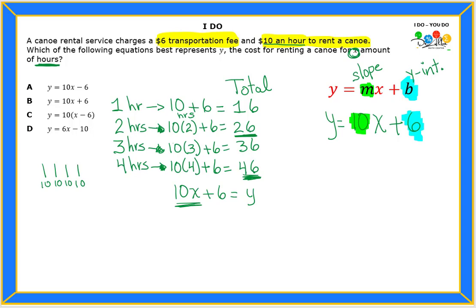So notice how my slope, 10, was multiplying the number of hours all the time, right? So that's a huge clue. My slope or my rate of change is the one that actually does something to your x values, okay? So what answer choice looks like my answer over here, guys? Which one do you think? Letter B, right? Very good.